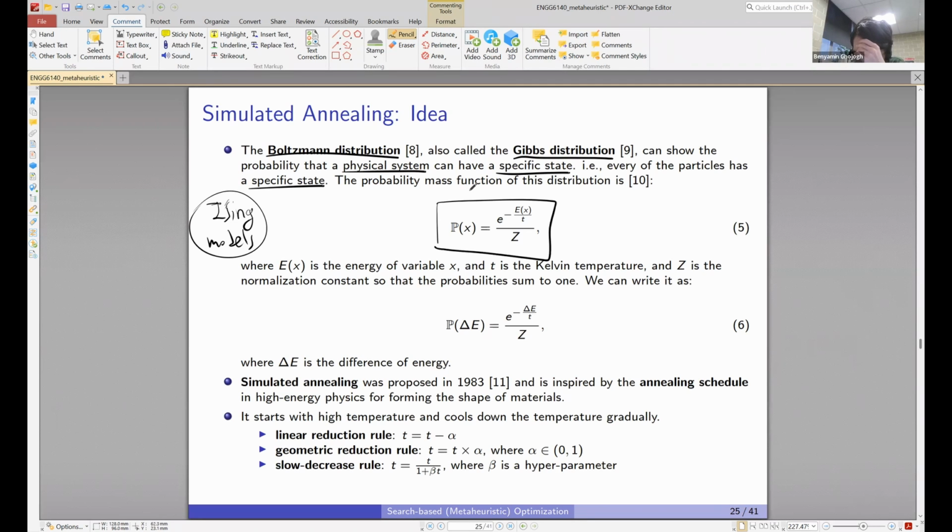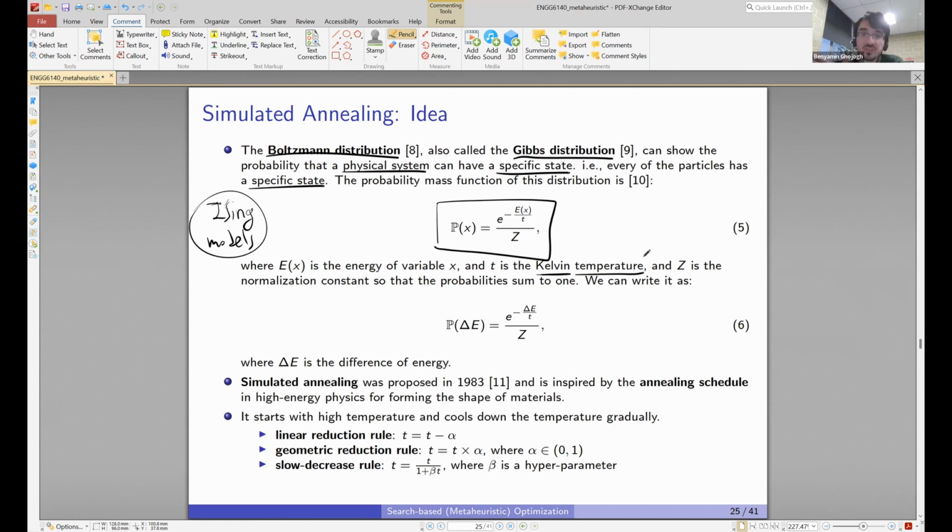The probability mass function for this distribution is this. X is the particle and E of X is the energy of the variable or particle. T is the temperature in kelvins, and Z is the normalization factor so that its integral becomes 1.